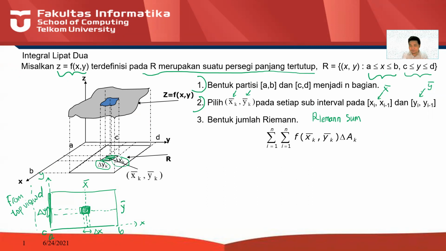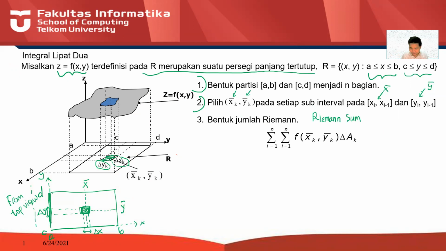So this one is actually a bread, and then we cut it into pieces, and we cut cubes, which is actually this one, and then we sum everything. So that's what happens in the double integral.